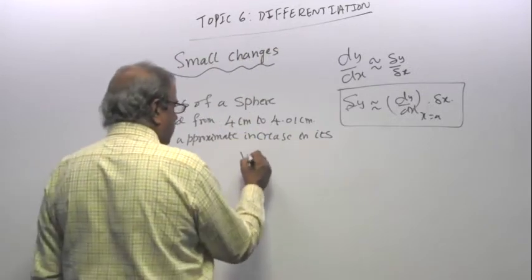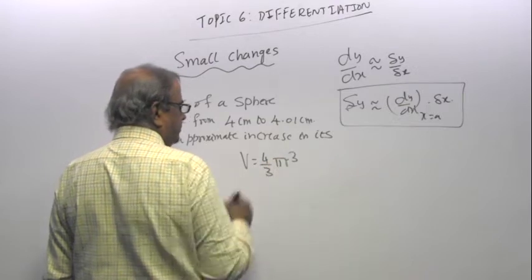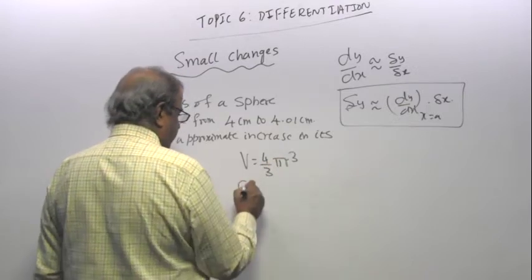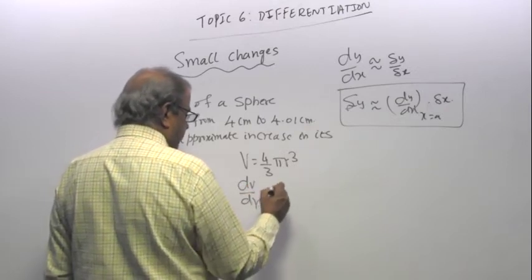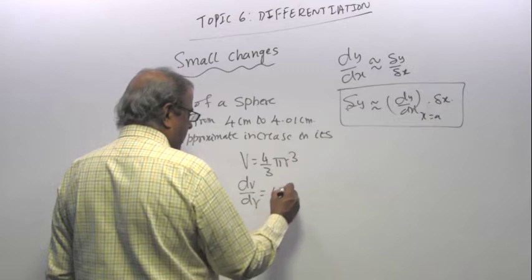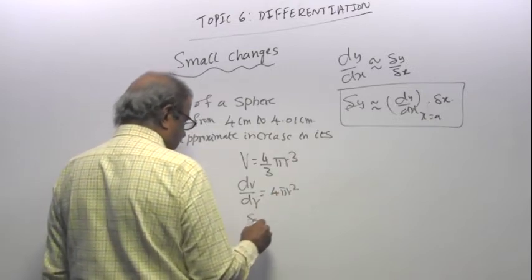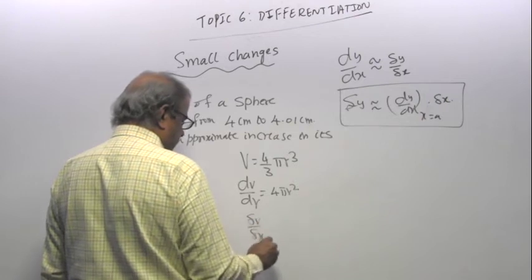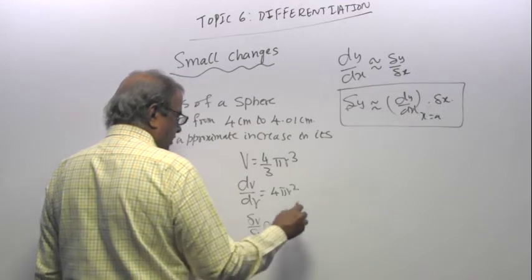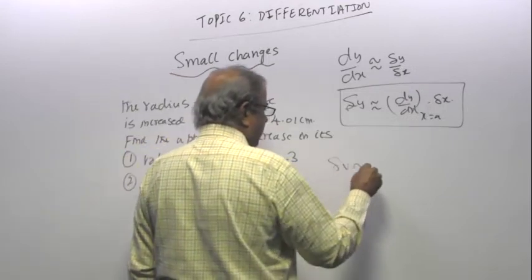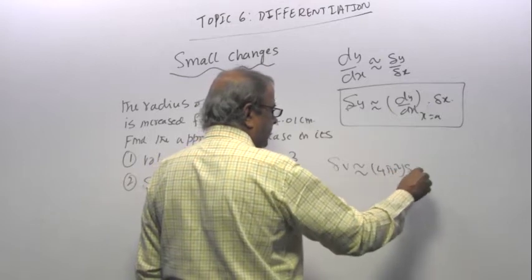So volume V equals 4 over 3 pi r cubed. So what is dV by dr? dV by dr is 4 pi r squared. So delta V by delta r is approximately 4 pi r squared. So delta V is approximately 4 pi r squared delta r.